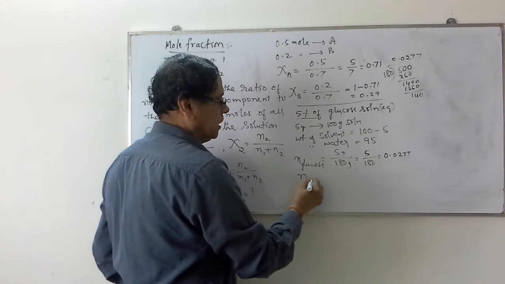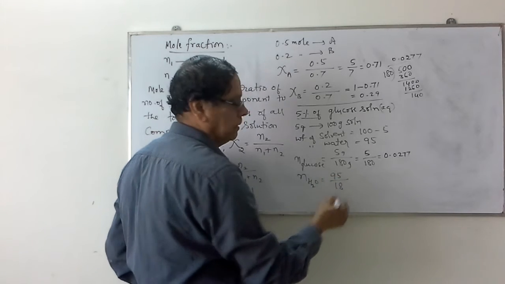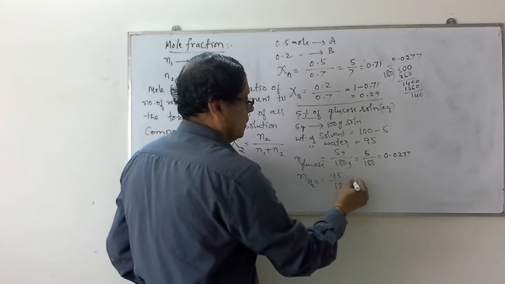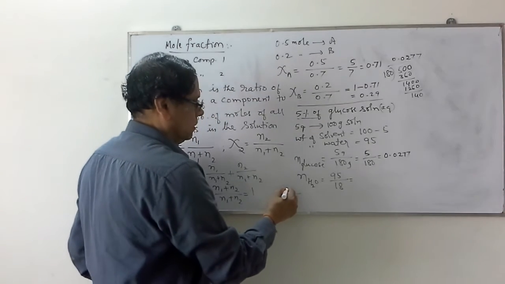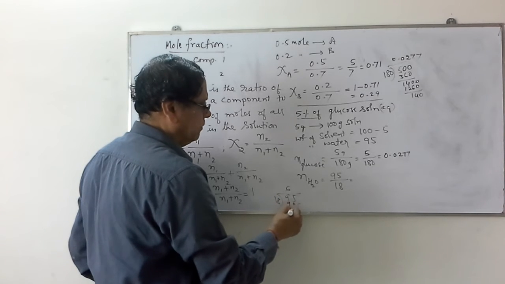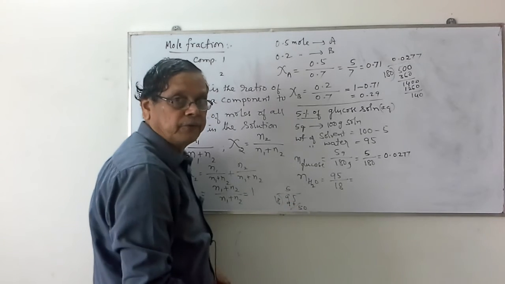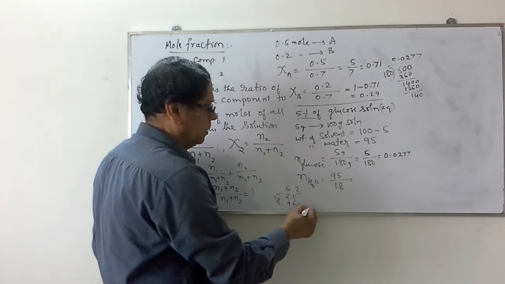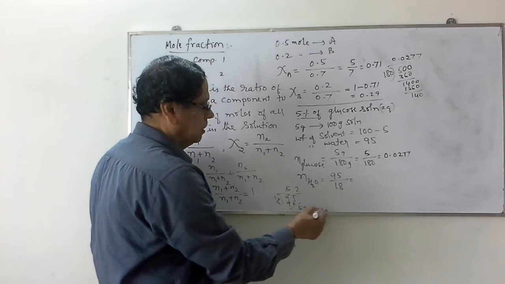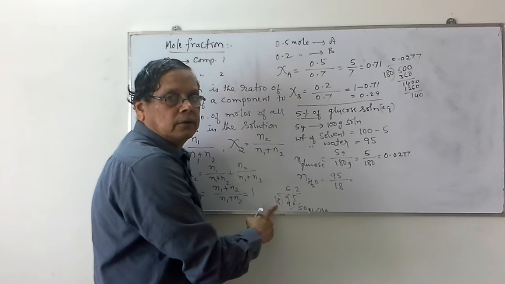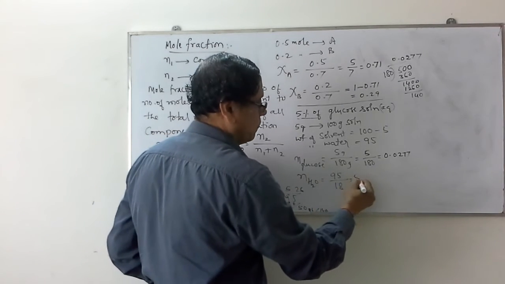So the number of moles will be equal to 0.0277. The number of moles of water is equal to 95 divided by the molar mass of water, which is 18. Dividing 95 by 18, you will get 5.26.